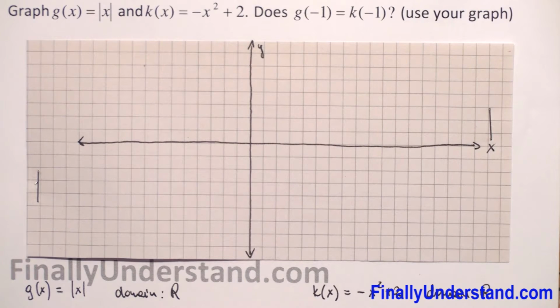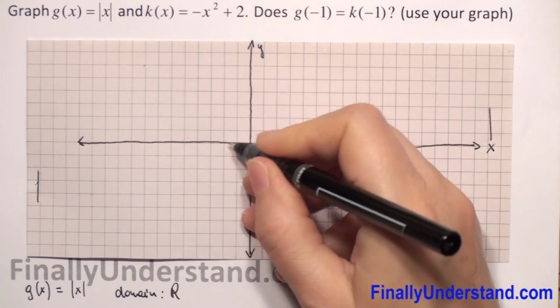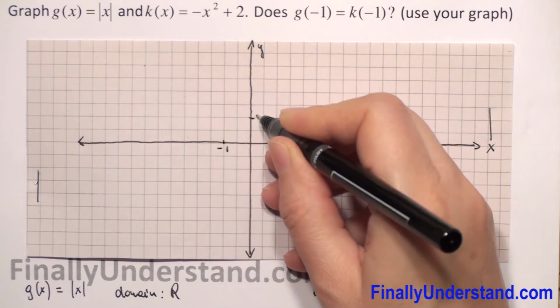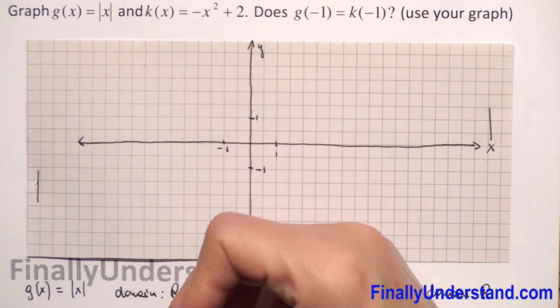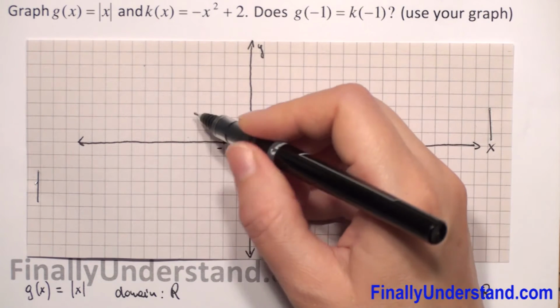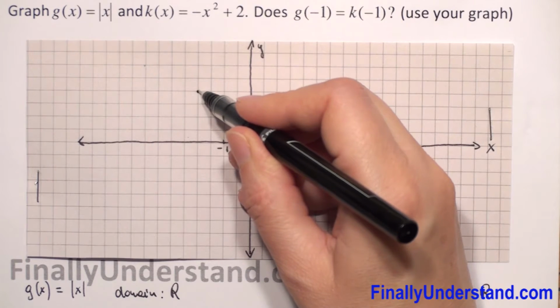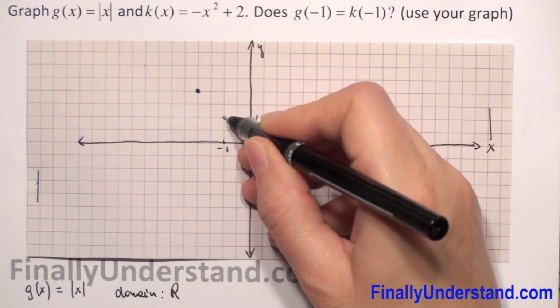We have points negative 2, so we have to choose the unit 1, negative 1, 1, and negative 1. For negative 2, we have value 2, so 2 units up. For negative 1, we have value 1.